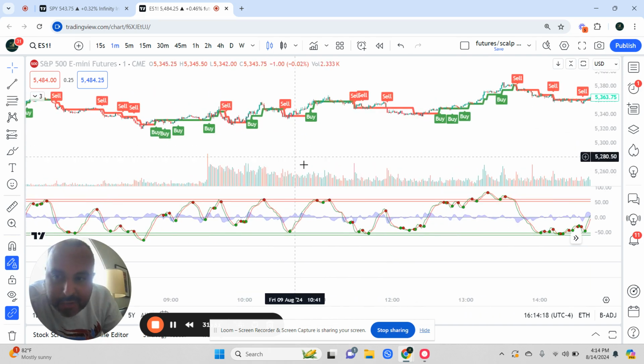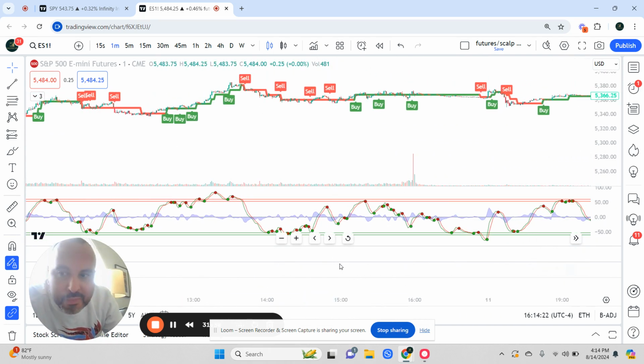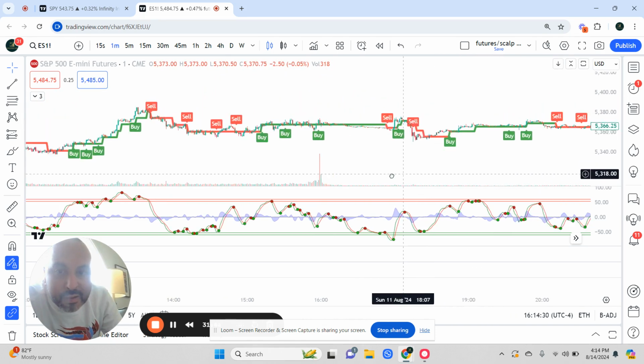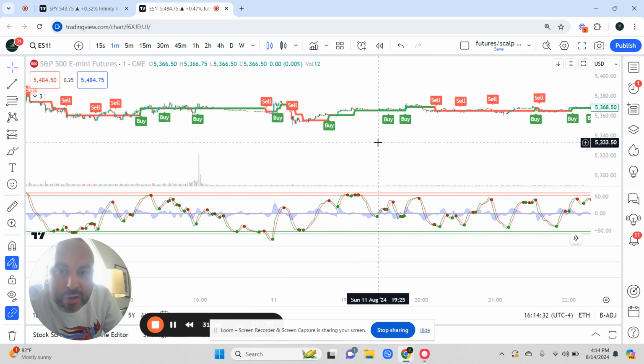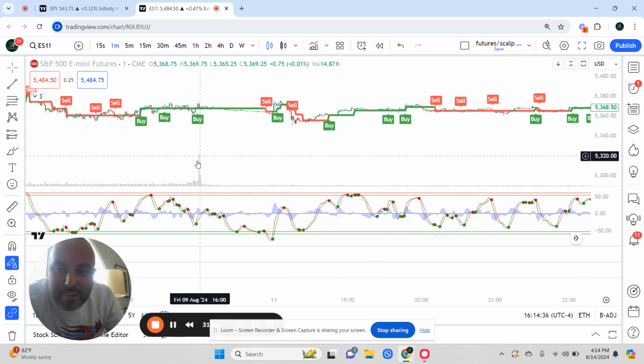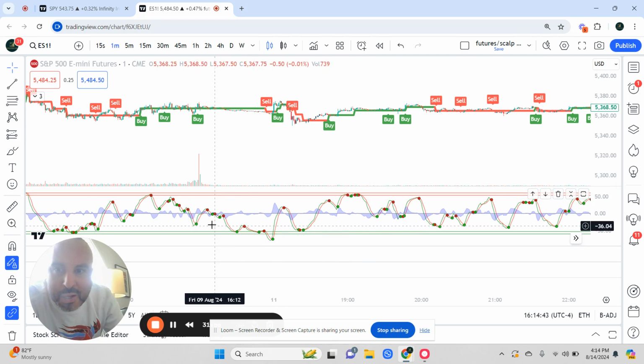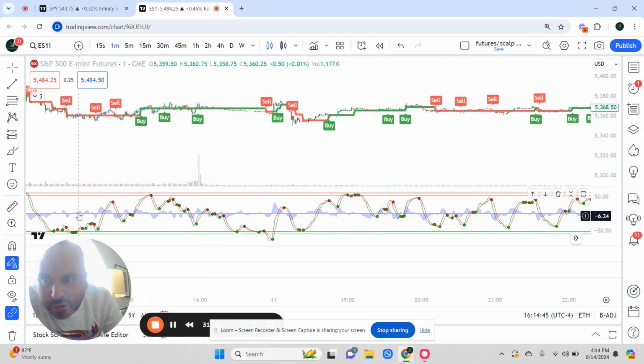So the way I use wave trend, and again, I'm no expert, see Alex for that, I use it almost like the RSI indicator. The reason I don't like using this by itself is that I would probably use it with something like the RSI.